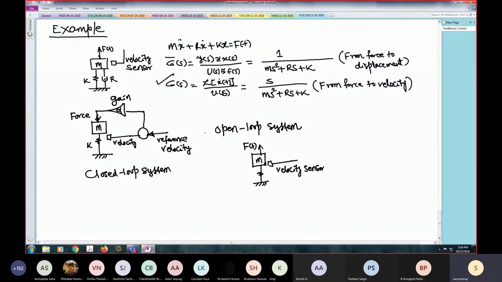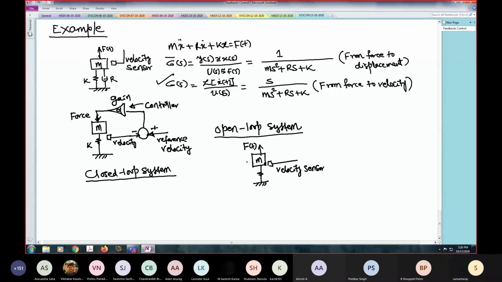So what is the difference between open loop and closed loop? All this difference signal plus minus and this gain, the gain is my controller. All these are removed. Only the input, that is the applied force, and the output, that is the sensed velocity, these two are kept. That is my open loop system.